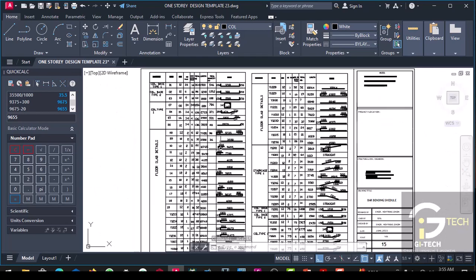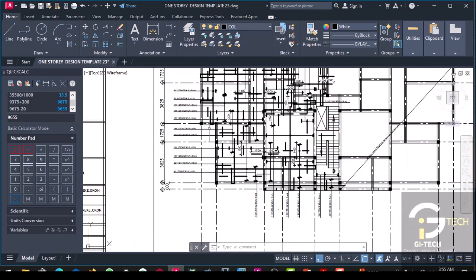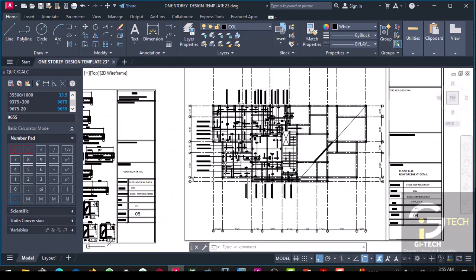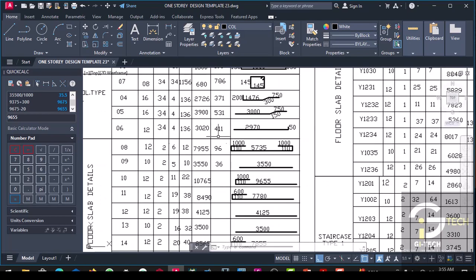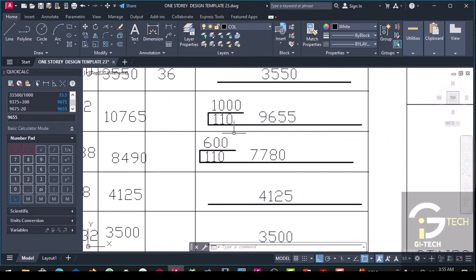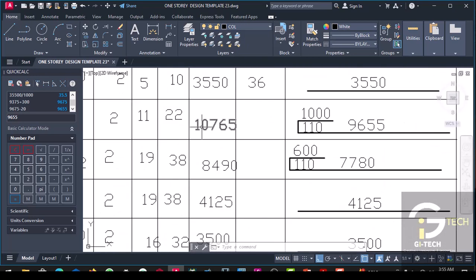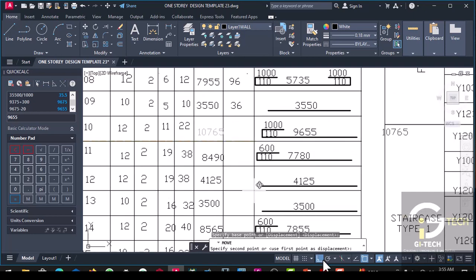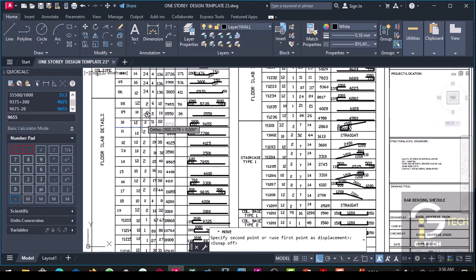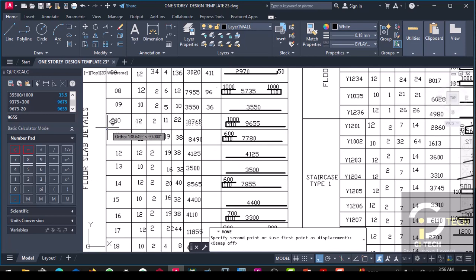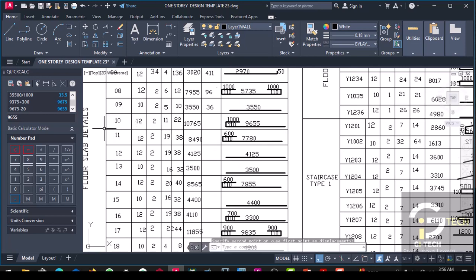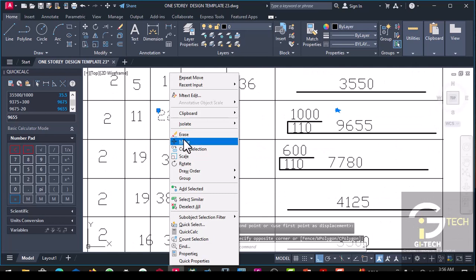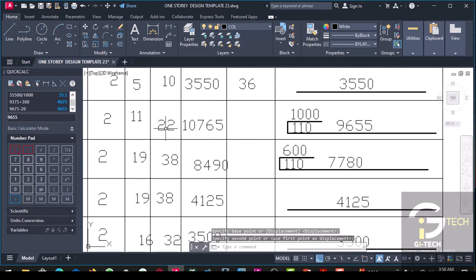Then the length of the returning bar that we have adopted is 1000. So when you add that up, you have 10,765. For us to get the entire quantity, we multiply this by 22.